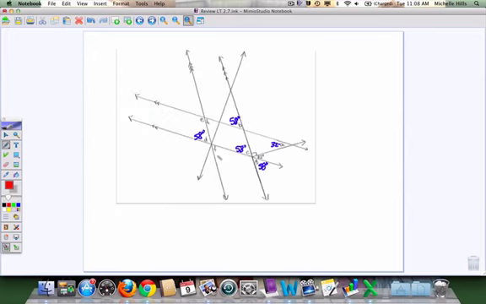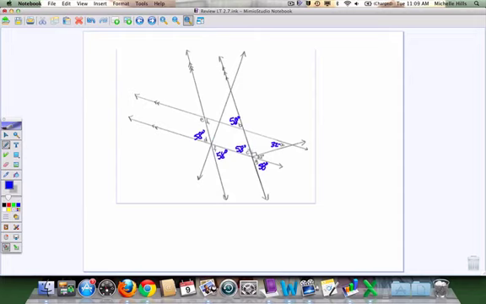The next one that draws my attention is F, because D and F are a vertical pair. So F is 58 degrees. Now, I have more than two reasons that I can give for this. I can say that I found F because it's a vertical pair with D, and vertical angles are congruent. It's alternate interior angles with C, since these two lines are parallel and this is the transversal.